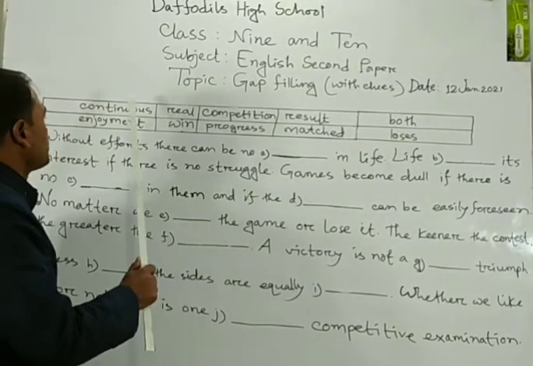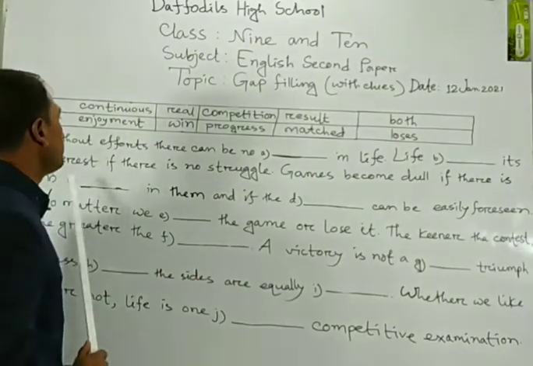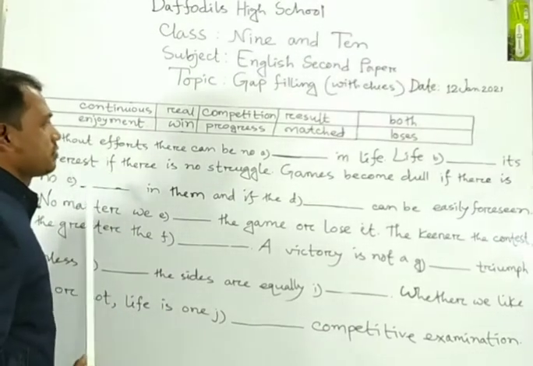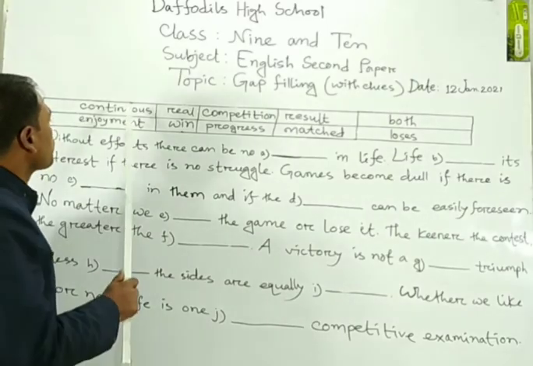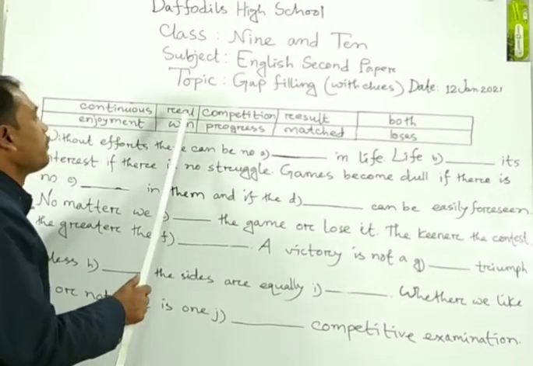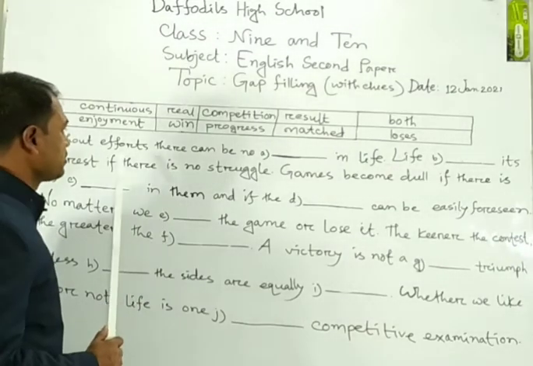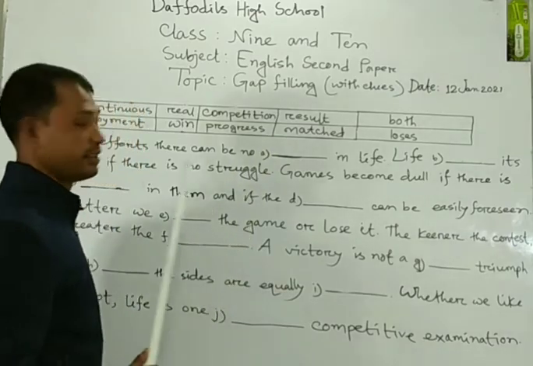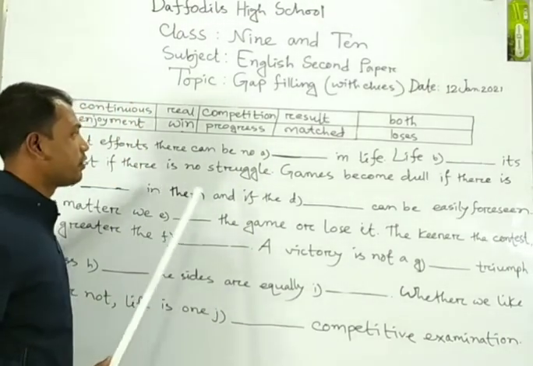Look at this box. Here some words have been given. I would like to tell you the meaning of these words. Continuous, the meaning of which is chalaman. Real, that means prokito. Competition, it means pratijogita.